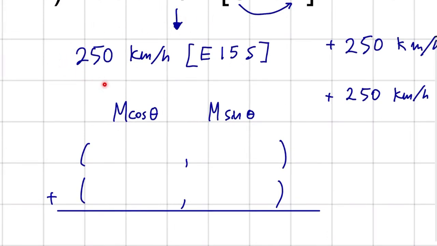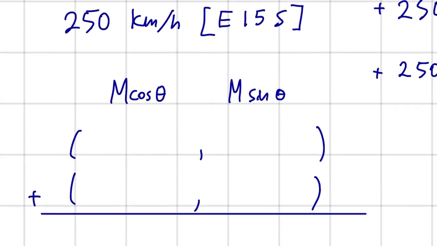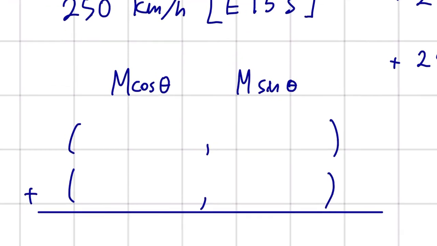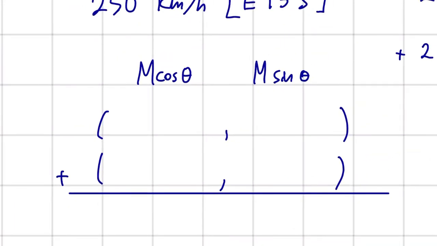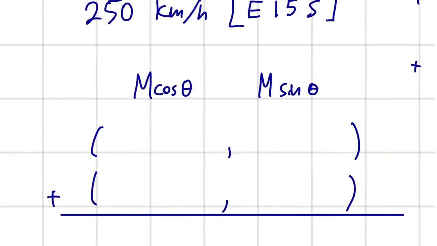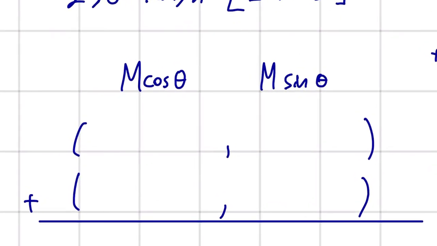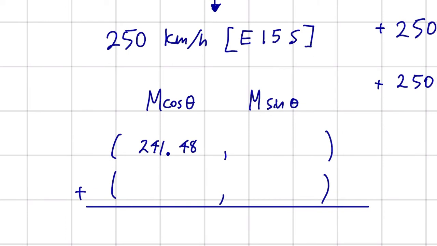So our first vector, 250, the magnitude, times cosine 15 is going to be 241.48. And that is our east/west direction.